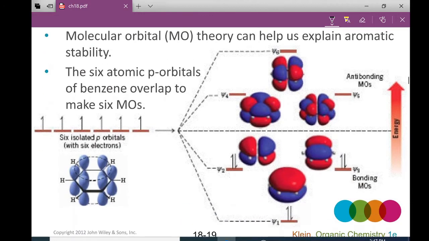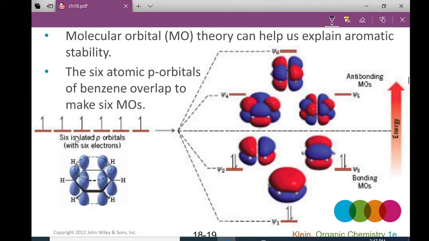All right, so if we have a molecular orbital diagram, we can consider aromaticity. Remember, right down the middle of our molecular orbital diagram here, and we're going to talk about this a little bit more in a couple of slides, we have a distinction between the bonding molecular orbitals and the anti-bonding molecular orbitals.